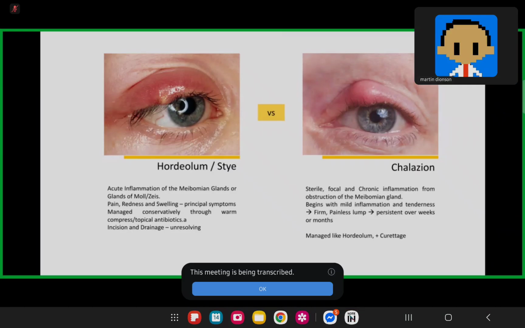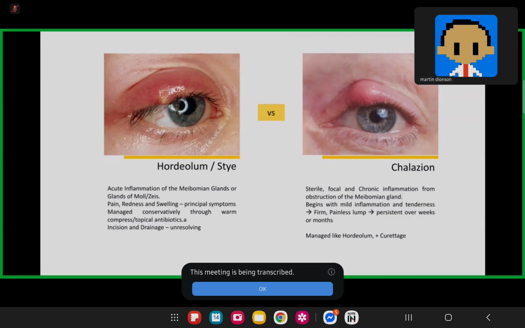But in vernacular, when you hear patients say they have binggit or bujinggit, they both refer to chalazion and a sty. But for us, medically inclined, you should be able to differentiate your sty versus your chalazion. Your sty is an acute inflammation of your meibomian glands or the glands of Zeis.